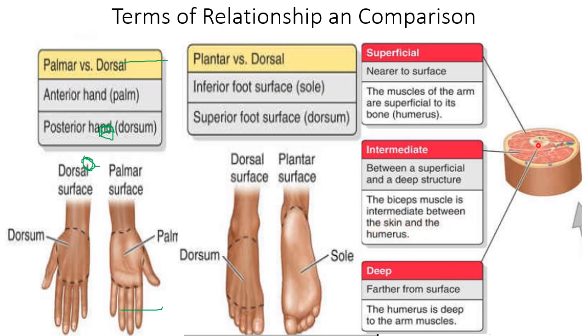So you have the humerus there and the skin, and the muscle in between is intermediate. Then deep means that it is further from the surface. An example is the humerus is deep to the arm muscles. The muscles are towards the surface, then the humerus, which is the bone, is towards the center. So you call that deep.